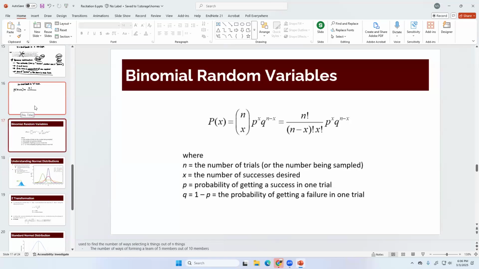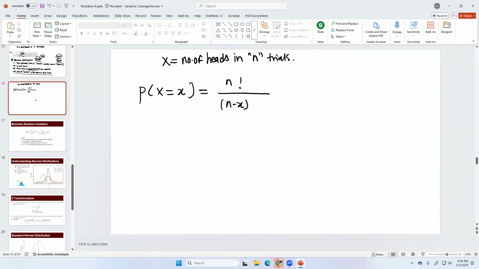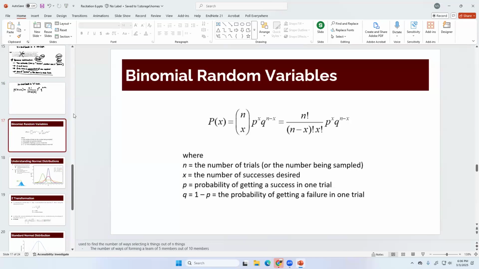This is the distribution formula, okay, where n is the number of trials, x is the number of successes desired, p is the probability of getting success in one trial, and q is the probability of getting failure in one trial.